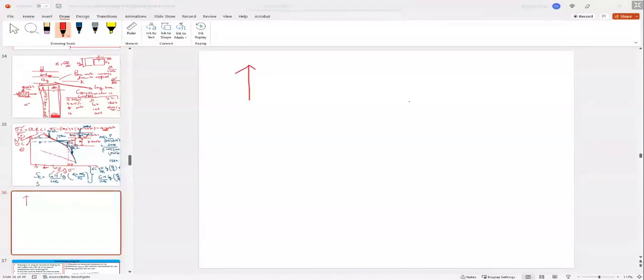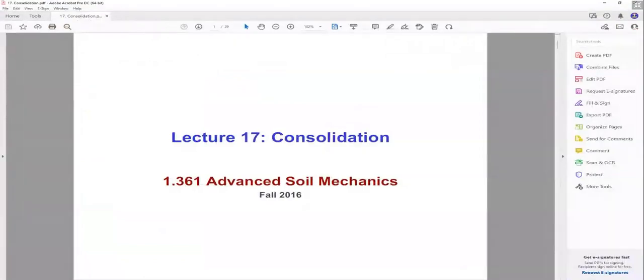I'm trying to find some material that I got from MIT. I was helping some students from MIT.